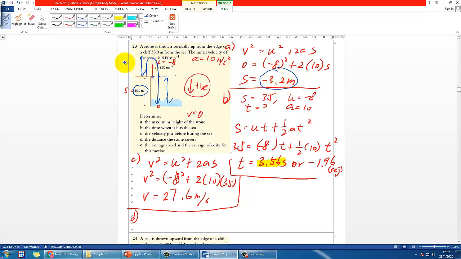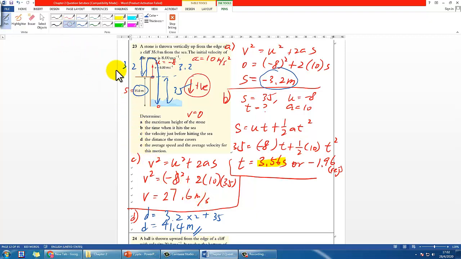So it is 3.2 going up, 3.2 going back to the same level, and then 35 going down to the sea. You just have to add them up together. So distance D will be 3.2 times 2 plus 35, and you can calculate D equals 41.4 meters.